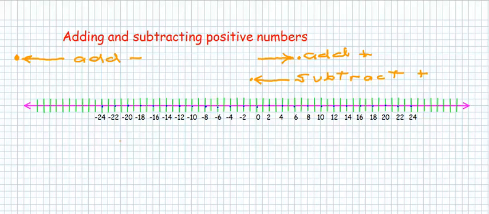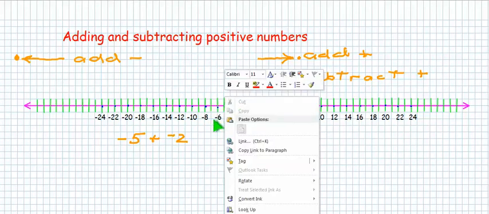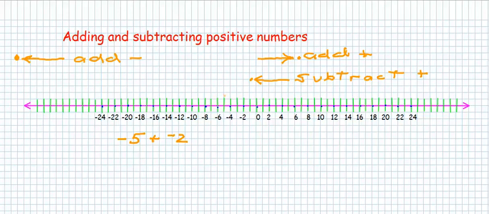Now, let's look at a few examples. And as I do these examples, I'm going to erase what I do so we can always see the number line. So let's start with -5 plus a -2. -5 is right there.